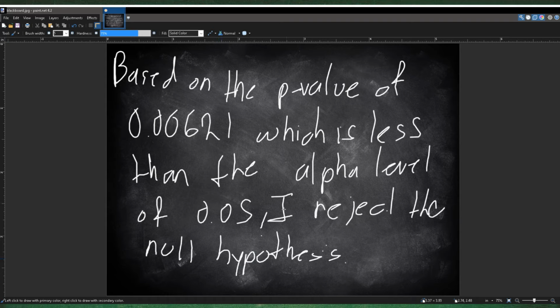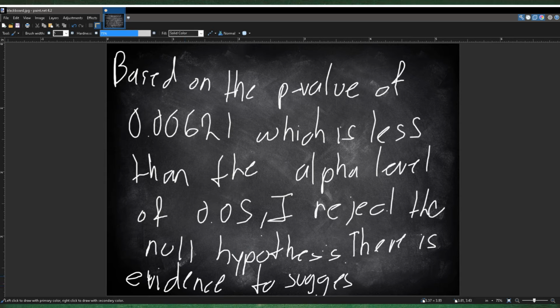Okay, and then you basically write the alternative hypothesis. I don't know why I wrote so big. There is evidence to suggest the amount of red marbles made by the company is greater than 20%.